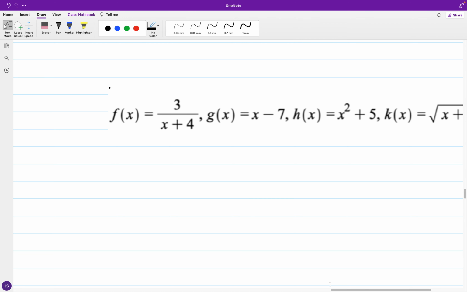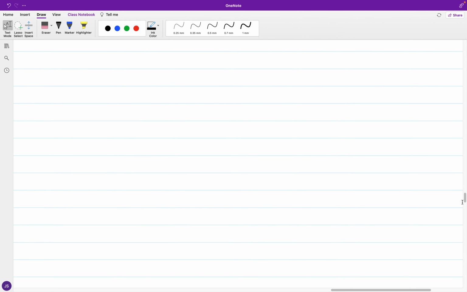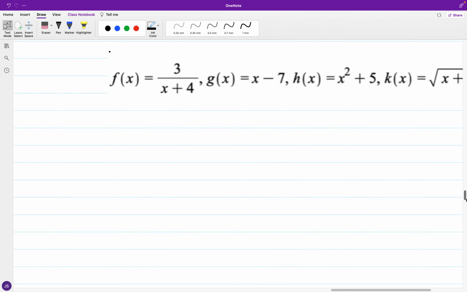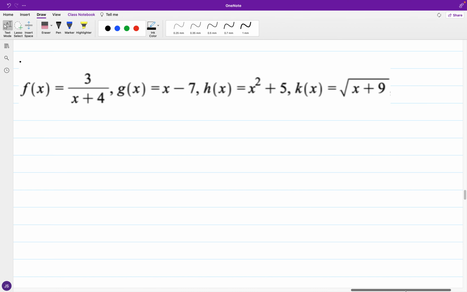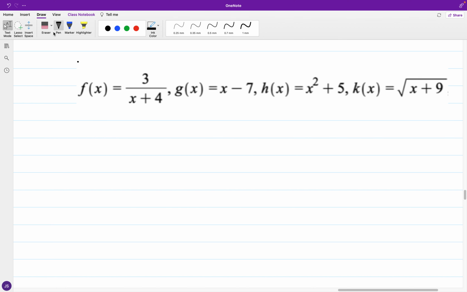Especially for number 17, you can look at this through a couple of ways. Now remember, the sum, difference, and product functions will have the same domain.